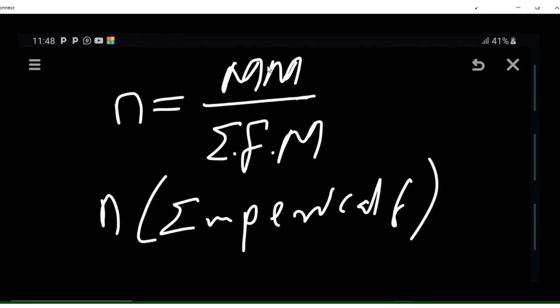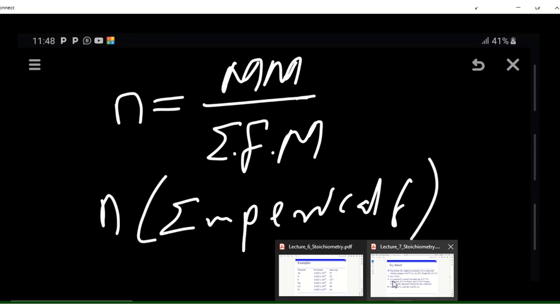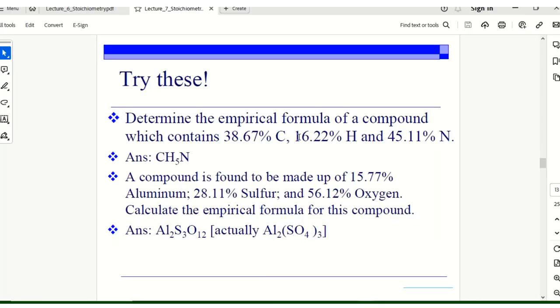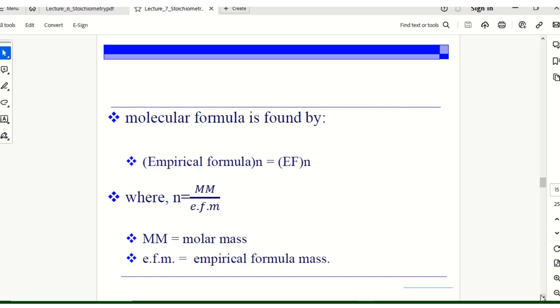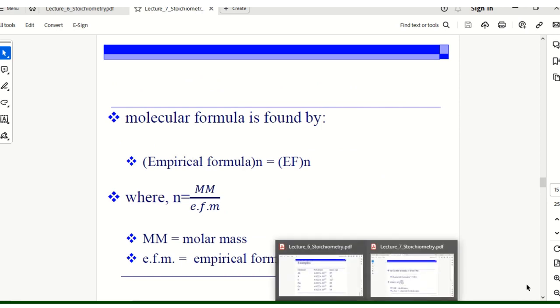Let's go to the example. We should not waste much time. Let me show you a few steps of finding empirical formula, and a few explanations on empirical formula, the formulas and everything needed.